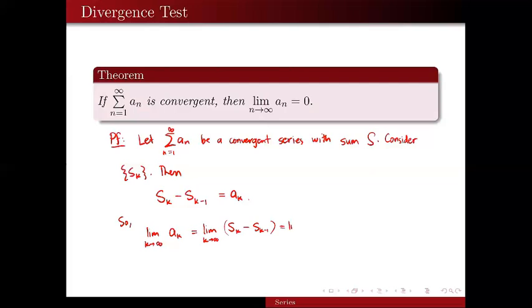But this is just the limit as k approaches plus infinity of S sub k minus the limit of S sub k minus 1 as k approaches plus infinity. You can distribute the limit operator here because the limit exists. This is simply S minus S. And this is equal to 0. So that's our theorem.